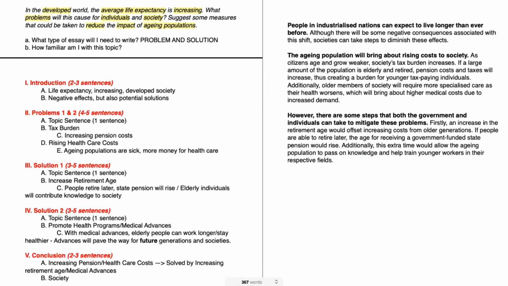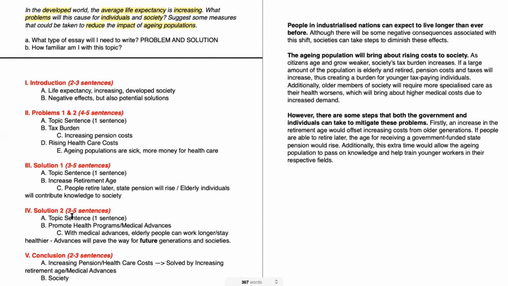And I believe this will help me go into the next solution and also work well with my conclusion. And of course, I had this sentence ready. I wanted to talk about how this extra time would help, so I added it in there. I'm definitely within the guideline for sentences and timing.